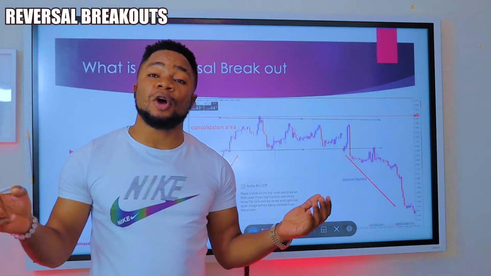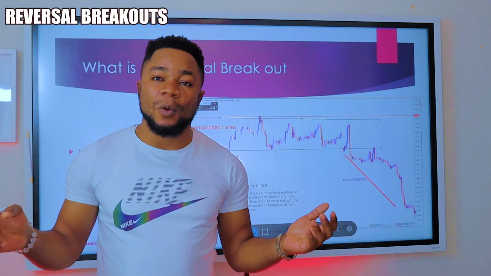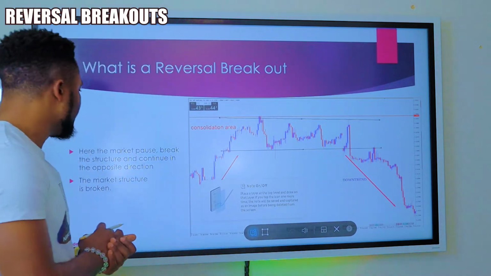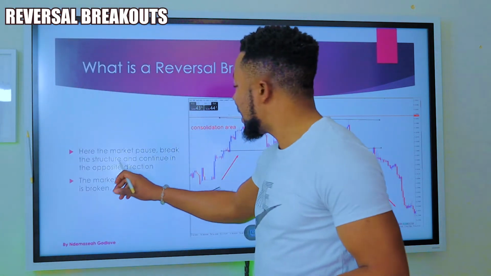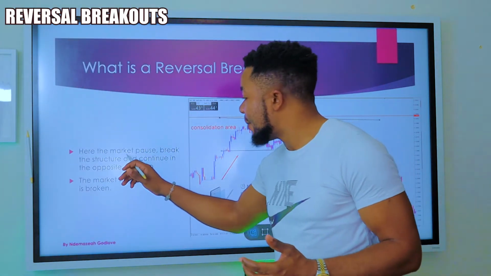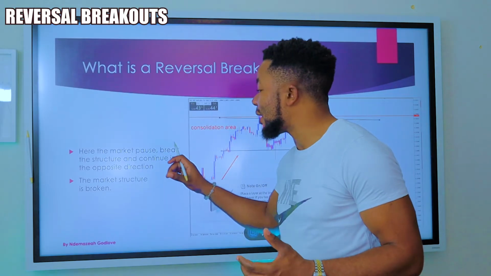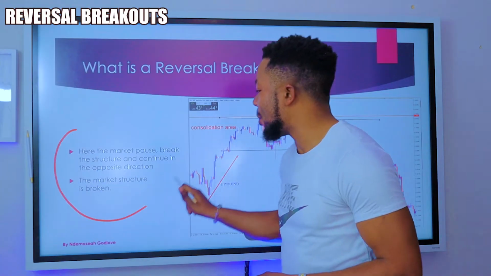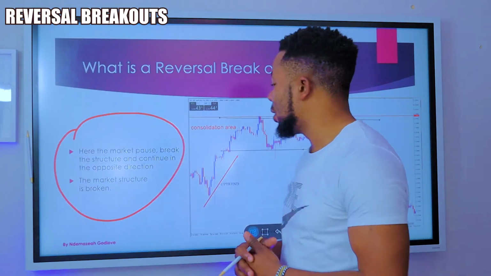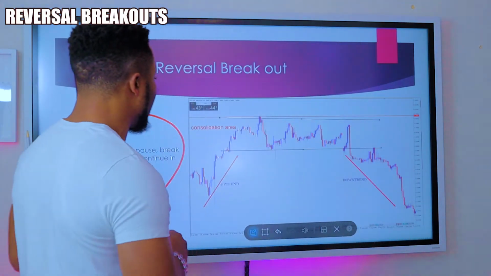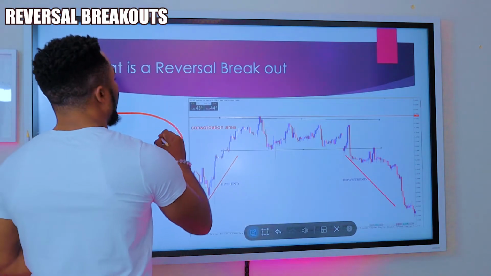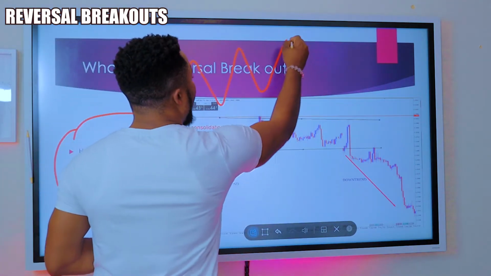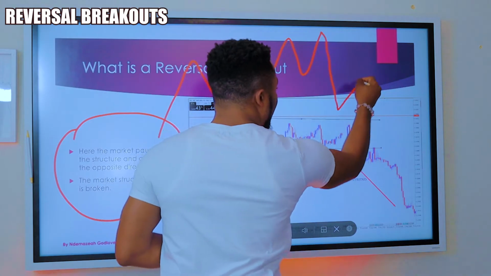A reversal breakout is just the opposite of a continuation breakout. Why? Because here the market pauses, breaks the structure and continues in the opposite direction. The market structure is broken at this point in time, because if the market was going up, making higher highs, higher lows, then here it breaks and starts doing this.